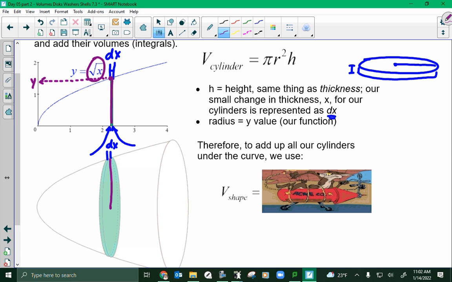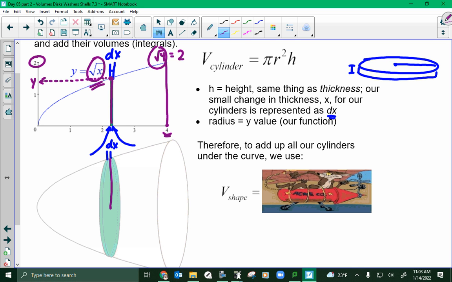For instance, what's my y value here? Well, I take my x and take the square root of it, the square root of 4. So the y value is 2. This is the y value. But how did I get that? I take the square root of my x. So when I integrate, again, I'm not going to put the y in. I'm going to put the square root of x.